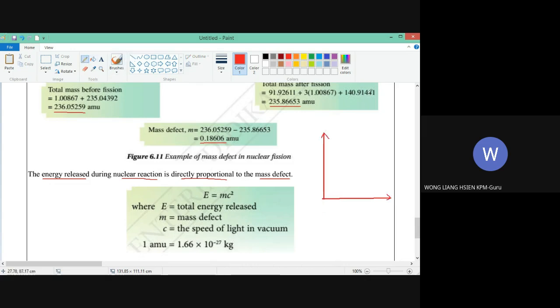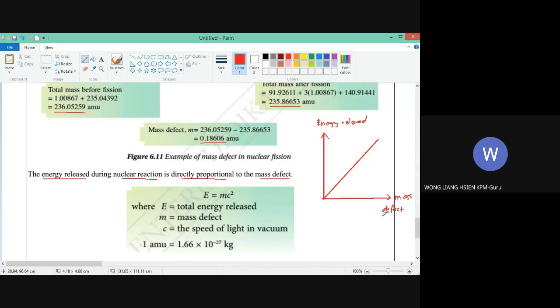This is the mass defect, this is the energy release, and he found that it is directly proportional. So he came to a conclusion that the energy release actually is from the mass defect. That means this mass that is lost is the mass that converts into energy.